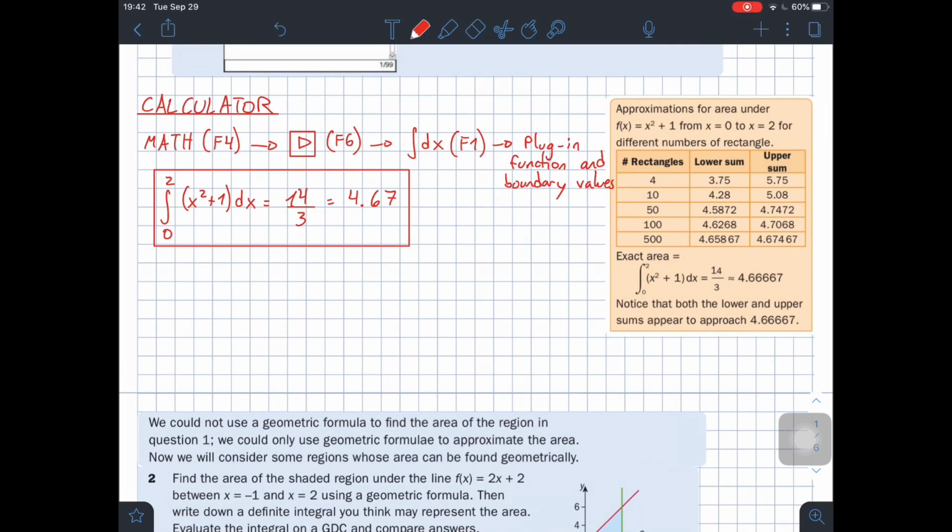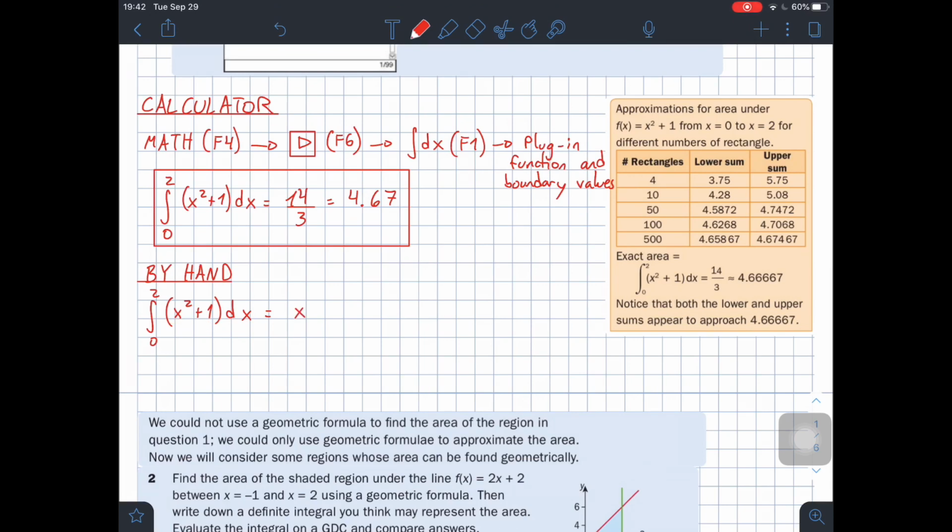Okay, and I'm going to go ahead a little bit and show you already how to find a definite integral by hand. Let me write this down. It's the integral from 0 to 2 of x squared plus 1 with respect to x. To find this, we're first going to integrate this expression just as we know, right?